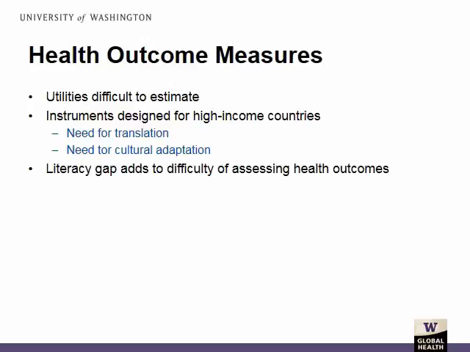And in week 4, when we studied health outcomes, you'll have seen that the estimation of utilities is questionnaire dependent. It's dependent on questionnaires. And these questionnaires or instruments are designed for high-income countries. So if you want to use them in low-income countries, you need to translate them and adapt them culturally.